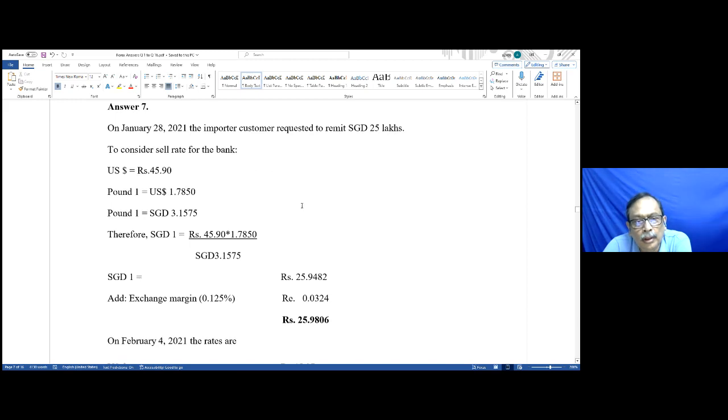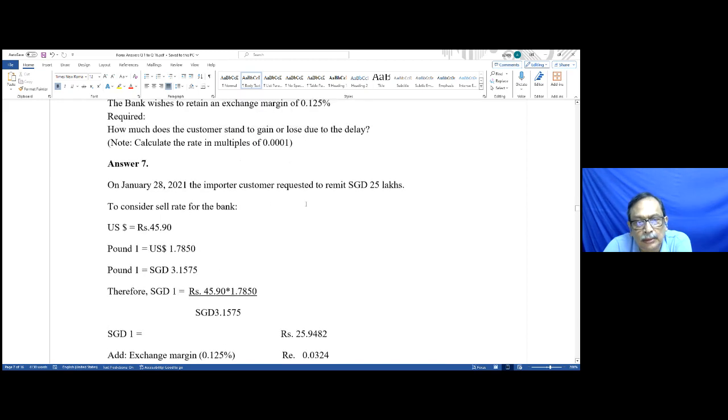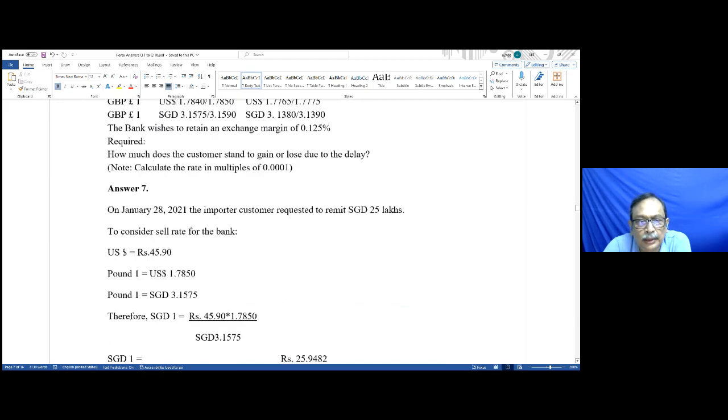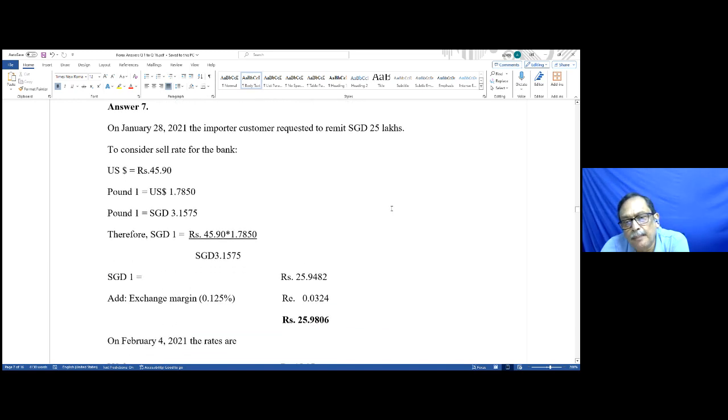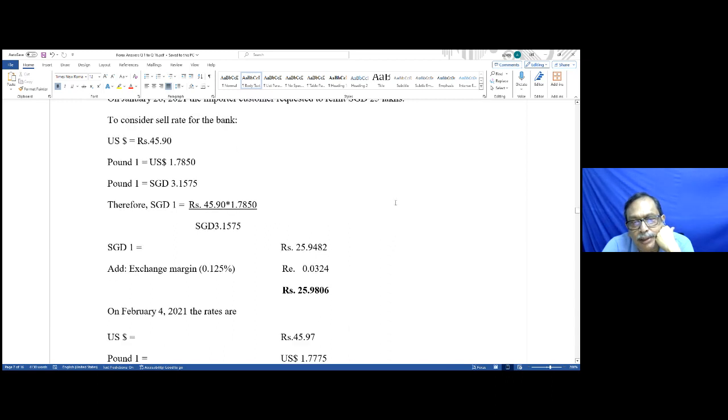So virtually 1 Singapore dollar will be 45.90 multiplied by 1.7850 divided by Singapore dollar 3.1575.